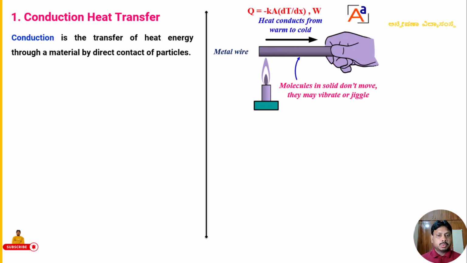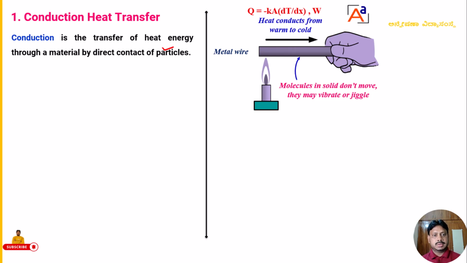What is conduction heat transfer? Conduction is a mode of heat transfer in which heat transfer takes place through a material by direct contact of particles, that is, due to physical contact of particles in the same material. That is known as conduction heat transfer.